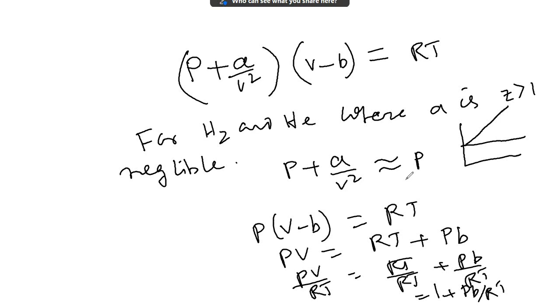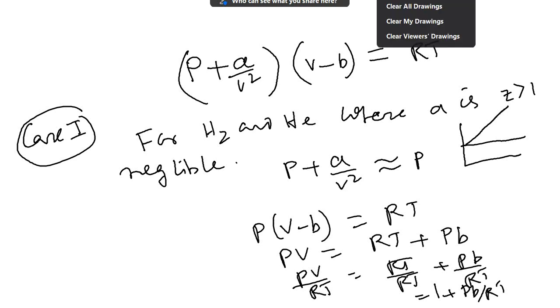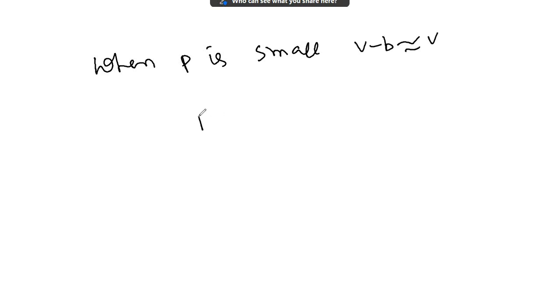Now I will discuss why at low pressure Z first decreases. Case 2. Now I will discuss the case why Z decreases when P is very small. When P is small, V minus B roughly becomes V, and P plus A by V square into V equals RT.